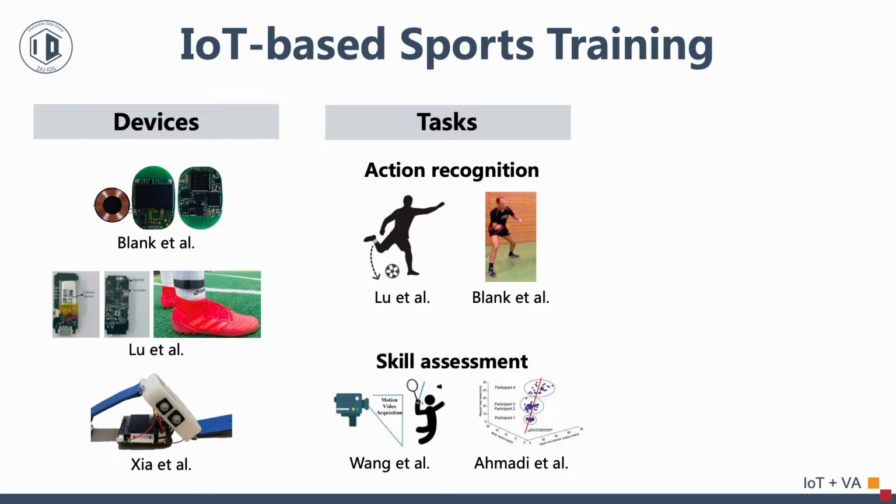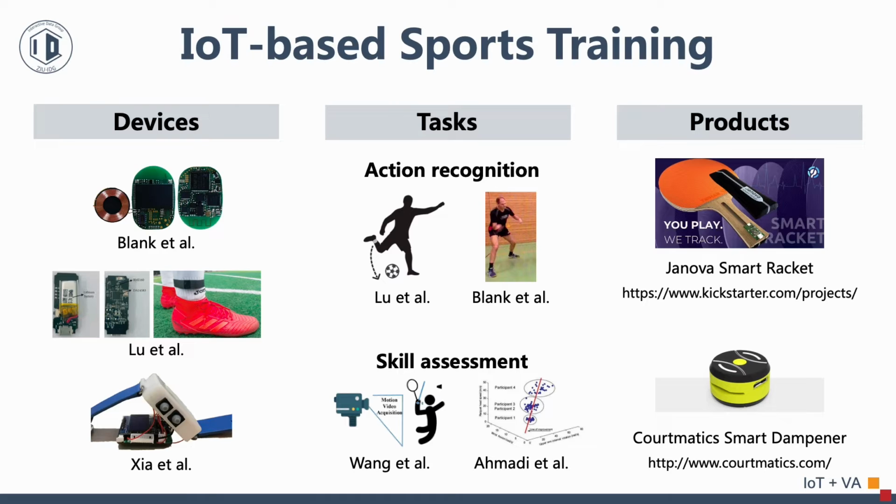However, these studies cannot provide actionable insights for coaches. Besides, some commercial products are also released for users to collect and analyze the training process. However, these products only present basic statistical results. The fine-grained training data is not available for customized analysis.